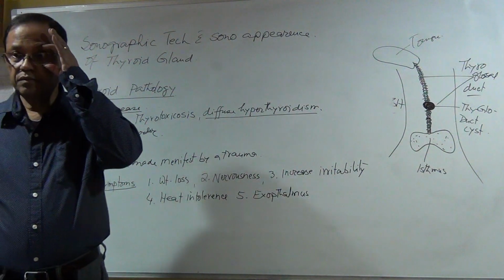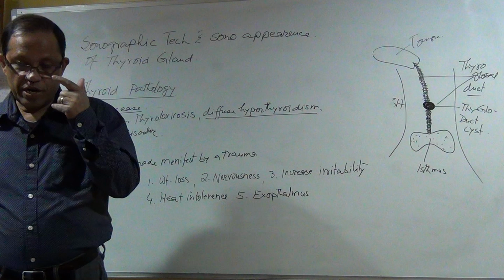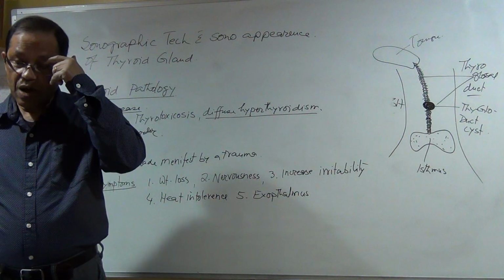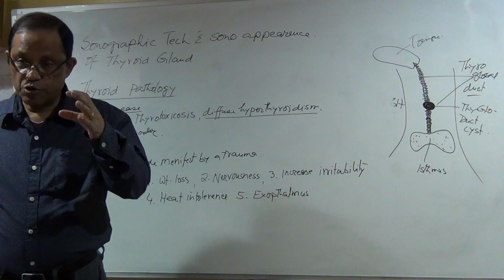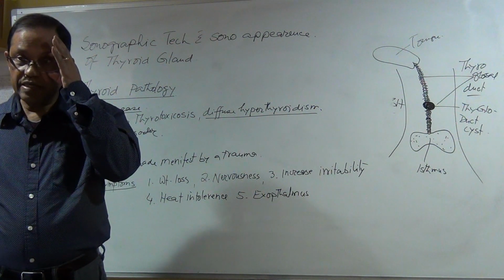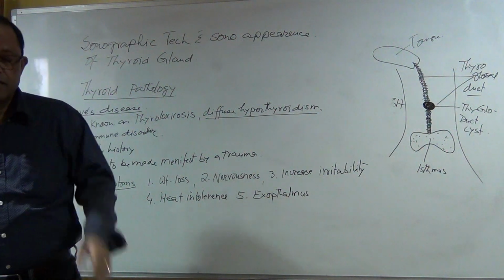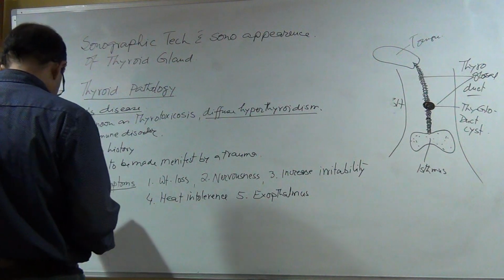Usually the black part, the cornea, is covered by the upper lid and the lower lid. But there will be more protrusion of the eyeball and retraction of the eyelid. As a result, you will see exophthalmos.